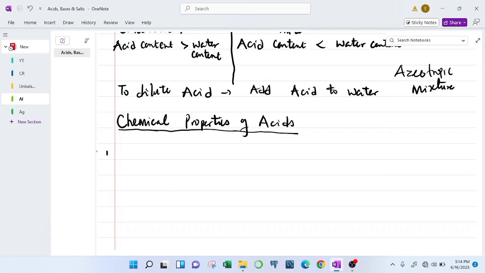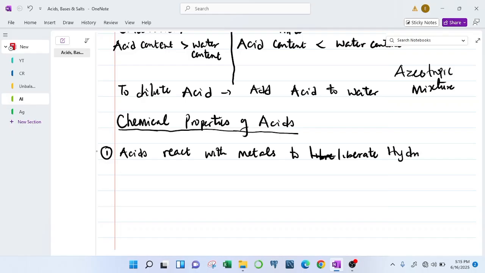Now, the first one is that acids react with metals to liberate hydrogen gas.